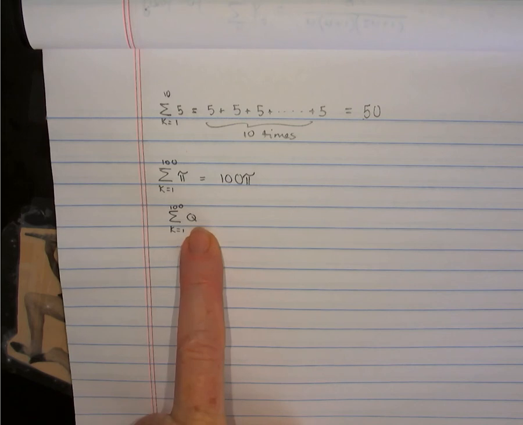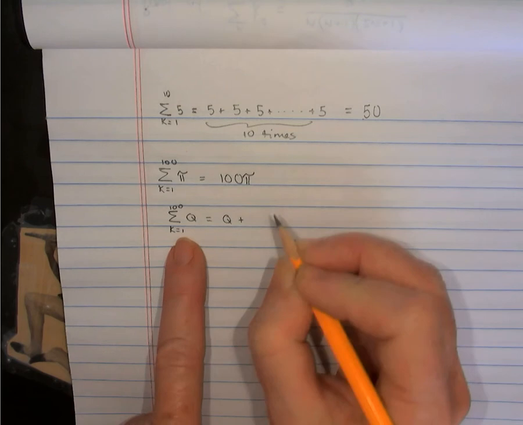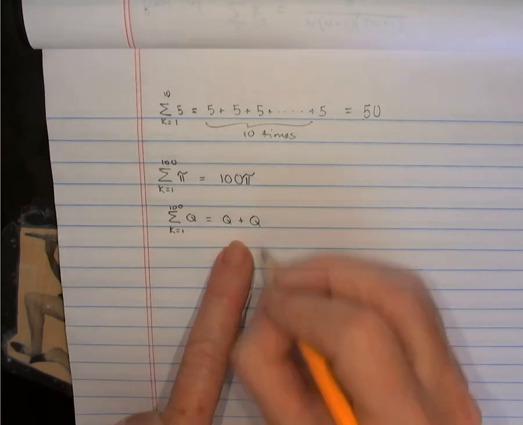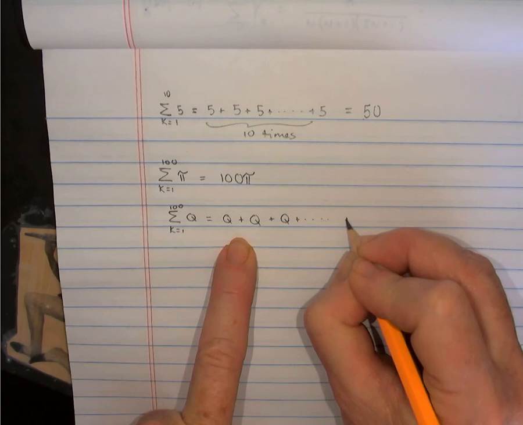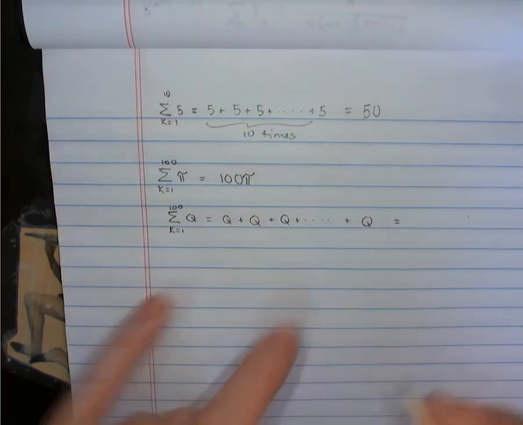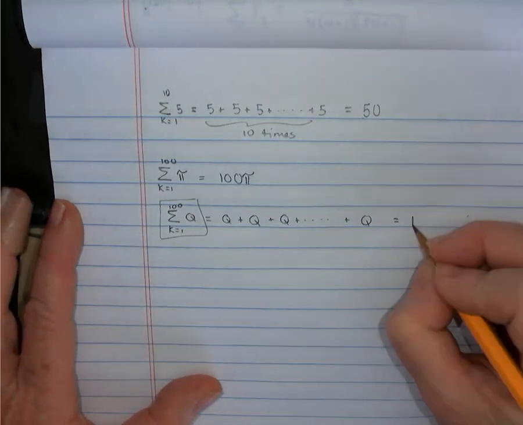So that means q isn't doing anything. When k is 1, our output is q. When k is 2, our output is q. When k is 3, our output is q, right? All the way until the very end. So nothing's changing, it's just going to be q. So what will be the sum of this thing? 100q. Yes, just 100q.